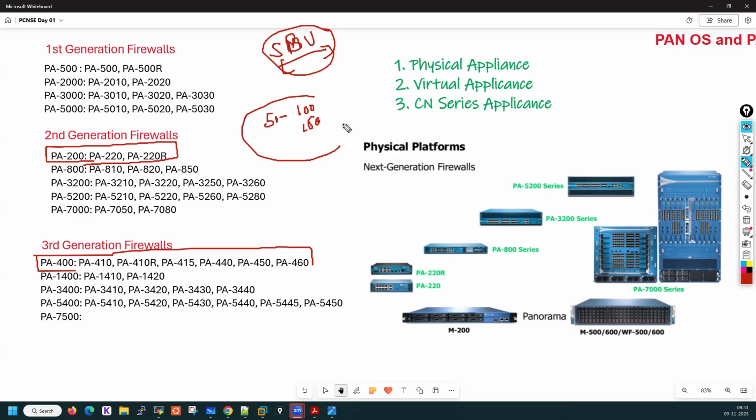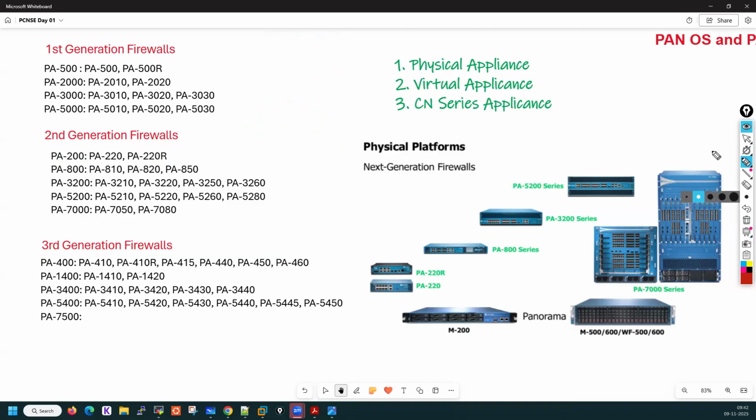If you have that type of user count, then they recommend you can deploy either PA200 series or PA400 series boxes. This is for small businesses. Like, let's suppose in your branch you have 20 people, 30 people or 100 people working, then those devices are enough to share that much load.